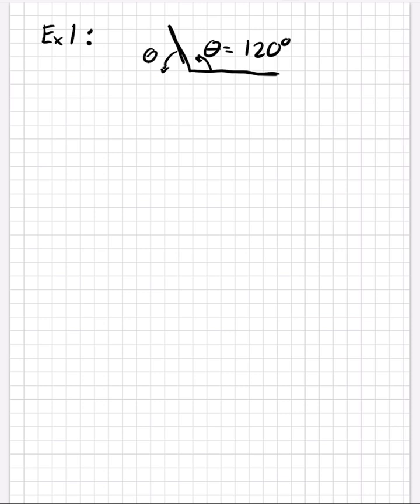Let's do two examples. All right, so example one. Let's say that we have this angle here, and we'll say that theta is equal to 120 degrees. Our goal is to figure out what theta prime is, because it's the angle that it would take to make up the difference between the horizontal axis and our angle theta.